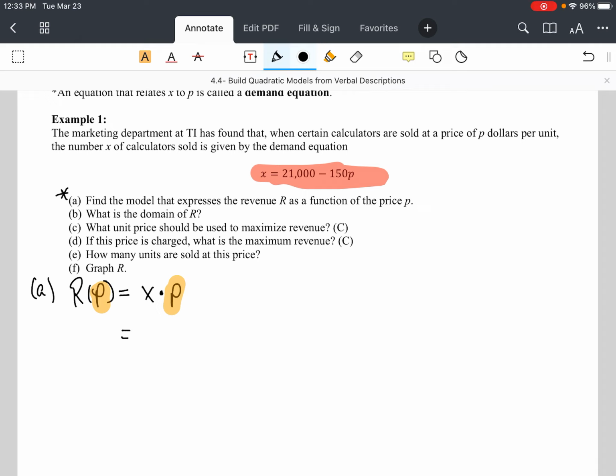Notice that the X is the thing that's causing us the issue right now. So we need to find something that relates X in terms of P, and we do. It's right here, right? So we have X equals this equation. So that's what I'm going to do.